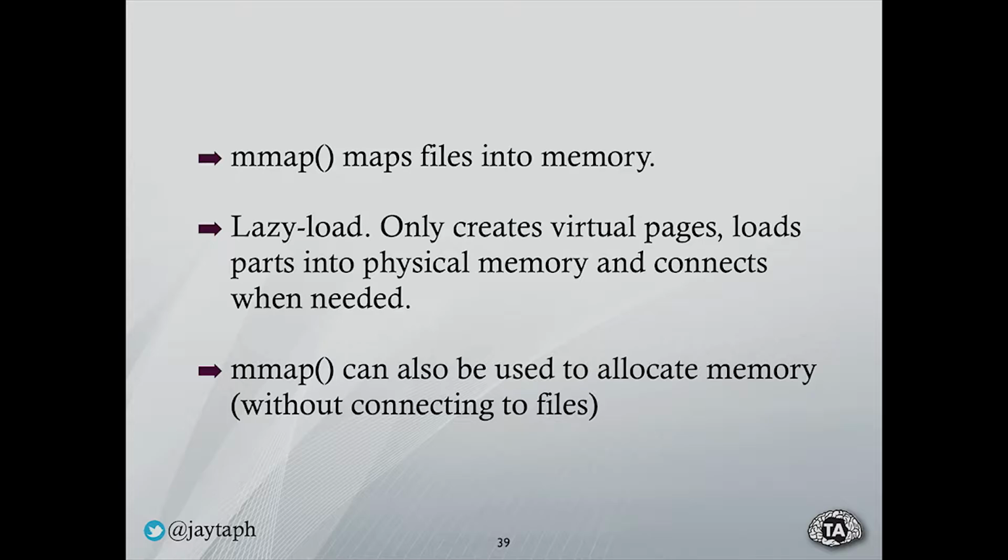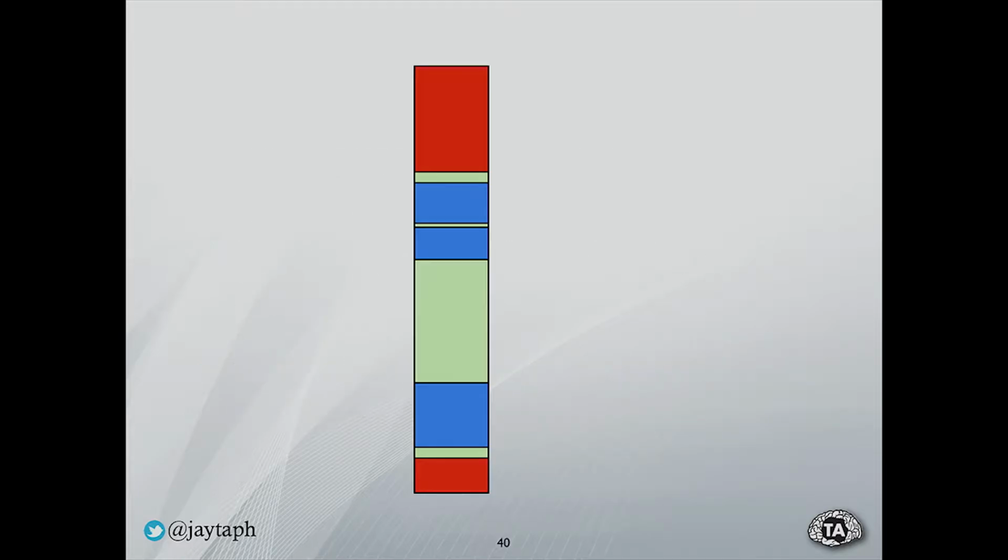You can also use it to allocate memory, and it creates random blocks of memory-mapped data all over the place. It doesn't have to be a continuous block of memory, which is what happens with sbrk.